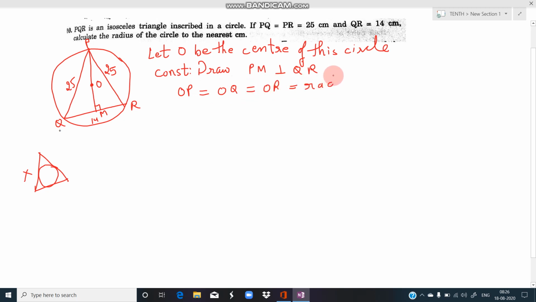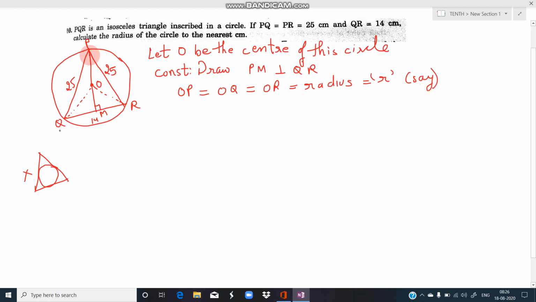They will be the radius of the circle. Any line from the center to the circumference, that line is known as the radius. So OP, OQ and OR, they will be radius. Let us give the name R to them. So we are taking the radius as R.